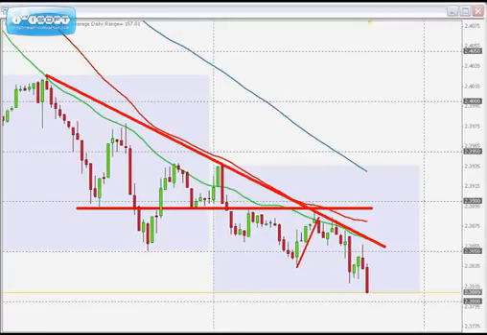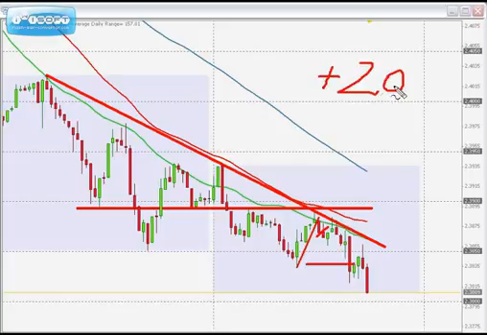Well, that's it. Recapping a little bit. Entry was right there. Exited right there for plus 20 pips in the first half, and I just exited for plus 51 on the second half of the trade.